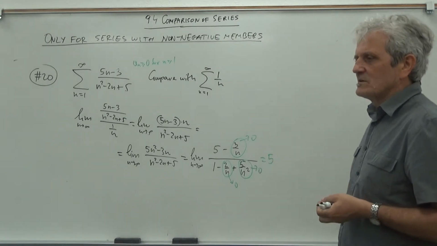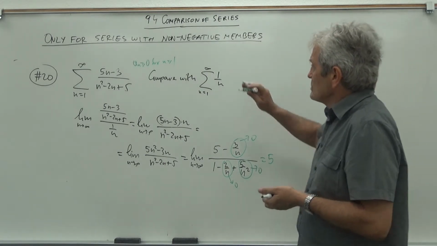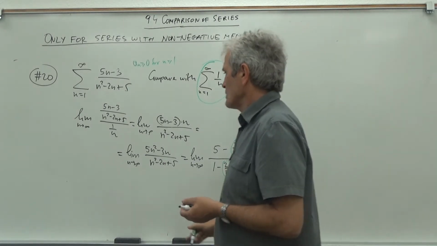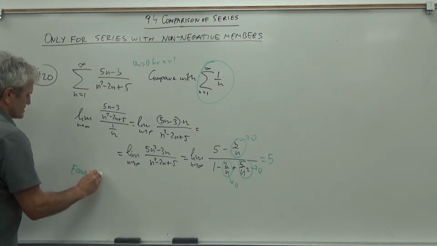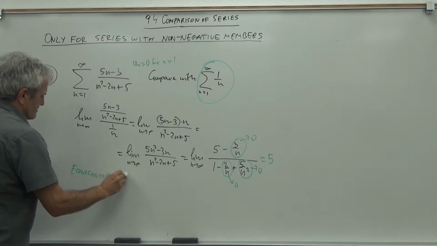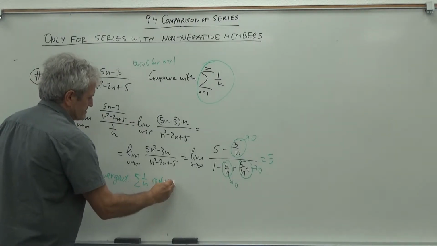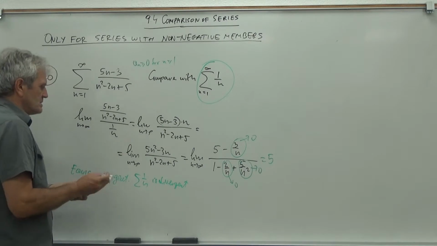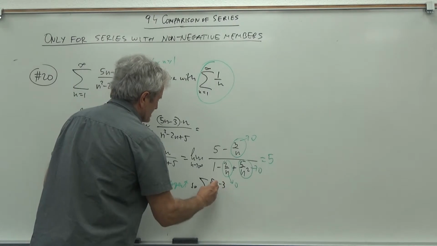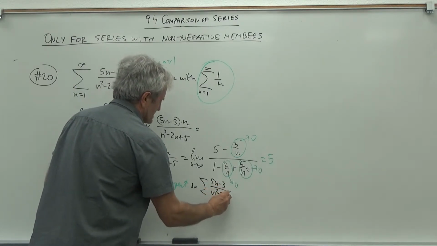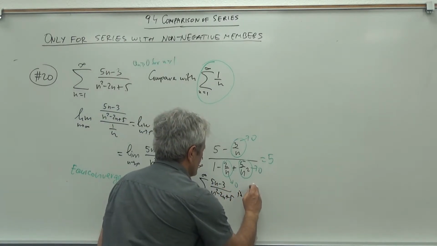Here, as long as it's finite and not 0, the series behave the same. Since we already know the sum of 1 over n is divergent, what do we conclude? Our sum of 5n minus 3 over n squared minus 2n plus 5 is divergent.